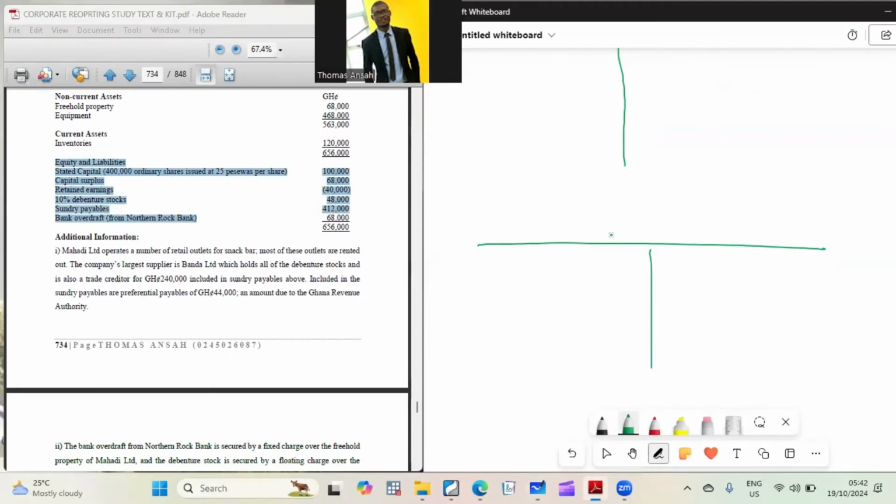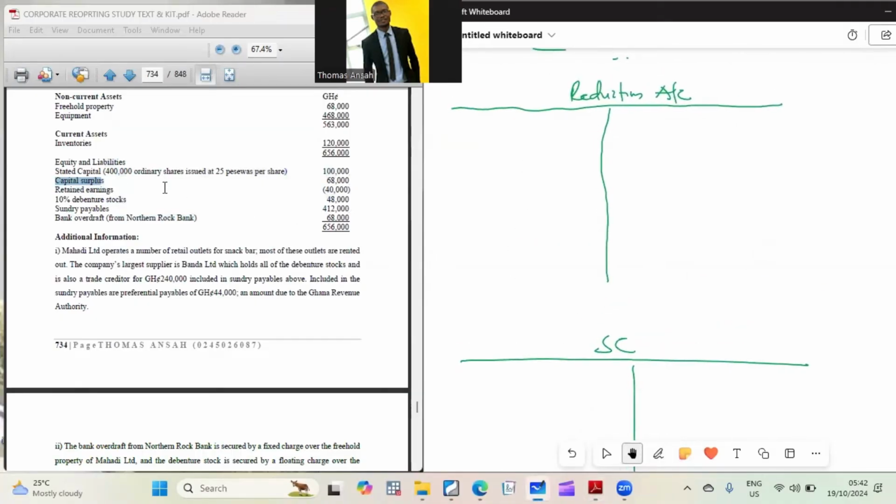So prepare a stated capital account. You can choose to ignore the capital surplus, but capital surplus is part of your reduction, so you can remove the capital surplus to your reduction account. Call this one balance brought down of 68,000. So you debit the capital surplus and you bring it here. So basically that is that.